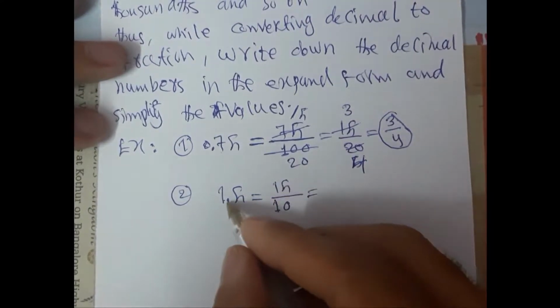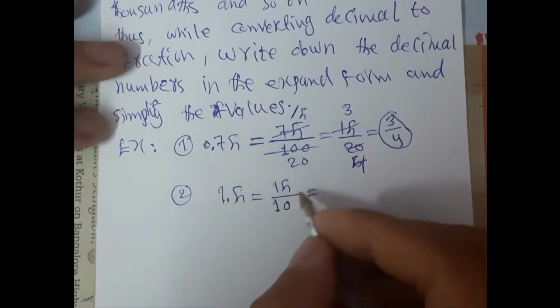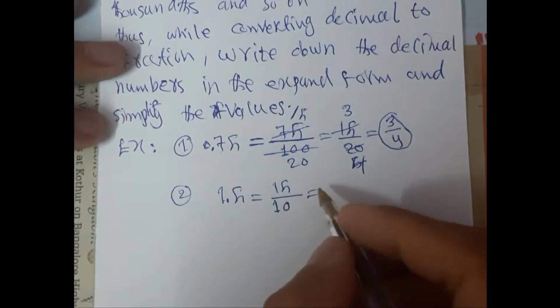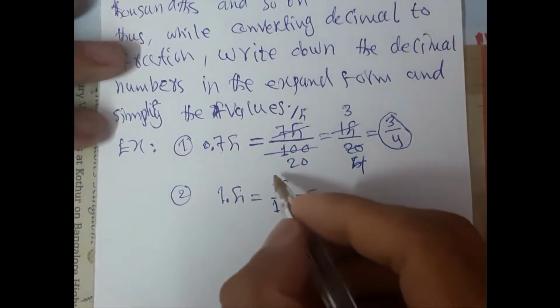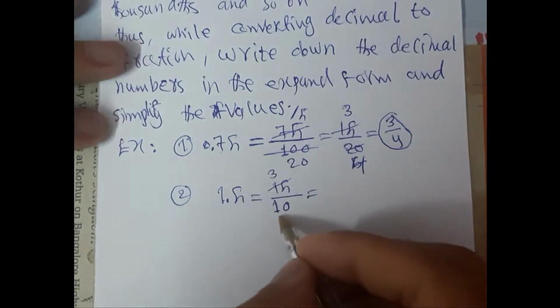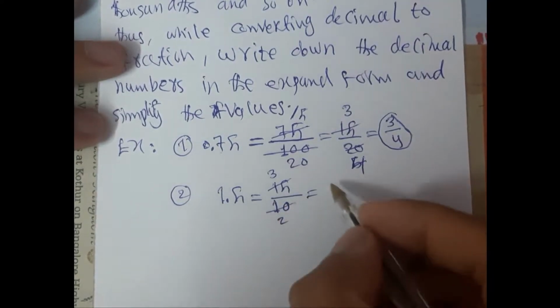After the decimal point we have 1 number, so we put here 1 0. It is divisible by 5. 15 divided by 5, 3. 10 divided by 5, 2 times. 3 by 2.